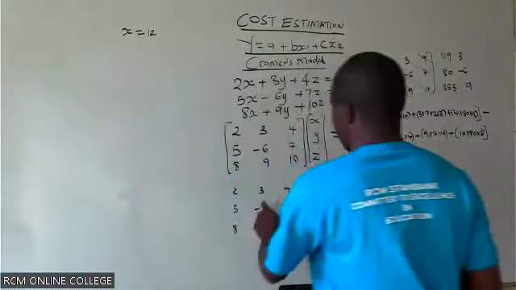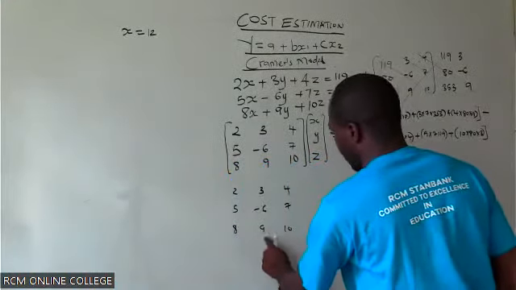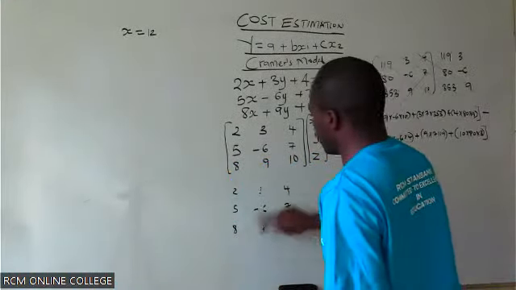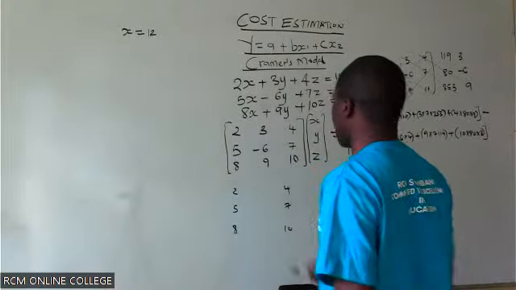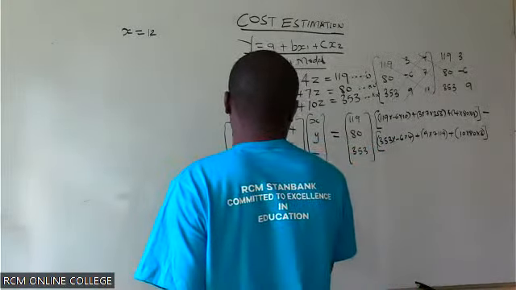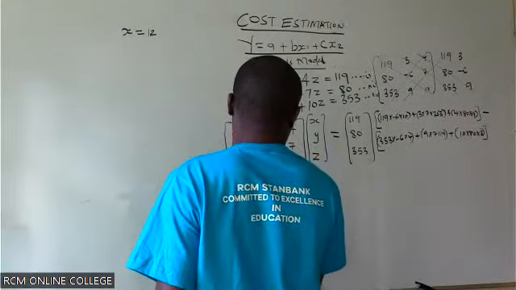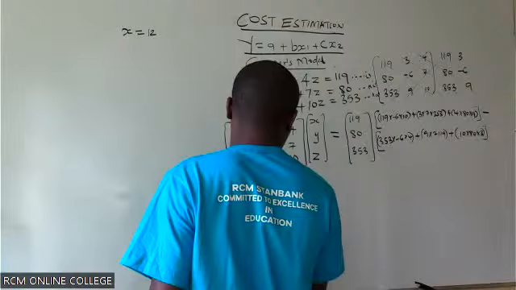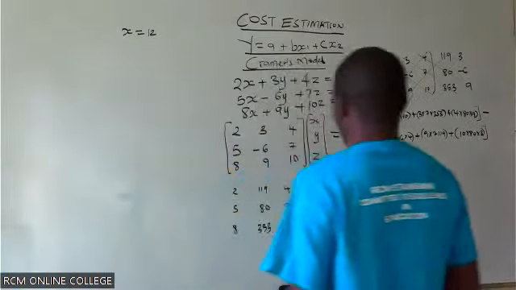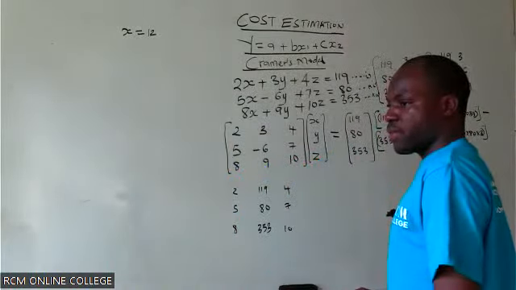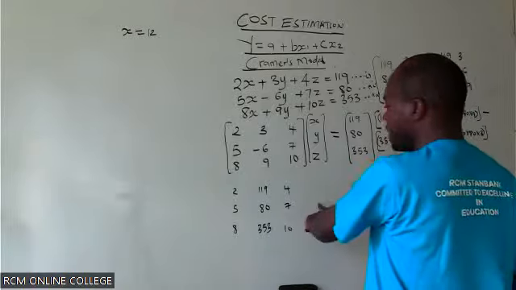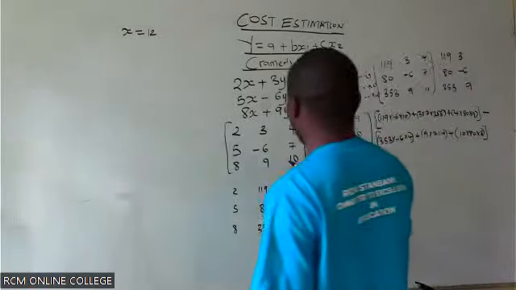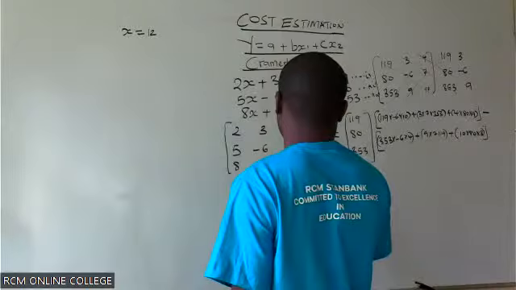And then we have said we are going to replace this one here with the result. So this one should not be there. I need to come and have 119, 80, 353. So once you have that, I will go ahead and proceed.